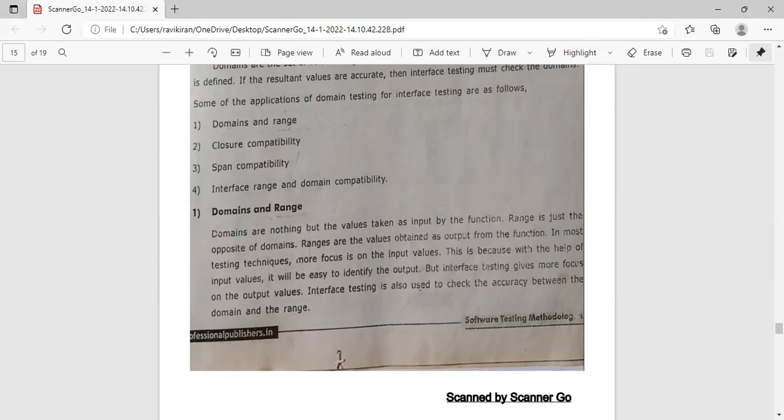In most testing techniques, more focus is on the input values, because with the help of input values it is easy to identify the output.